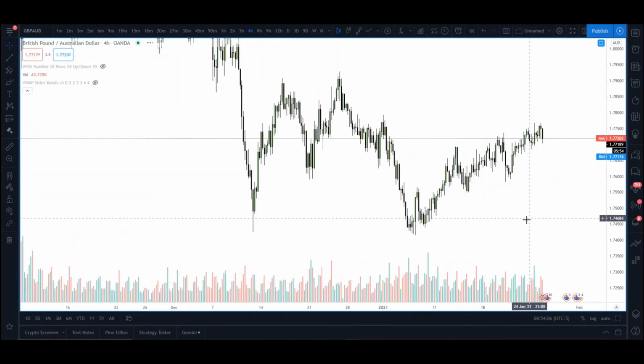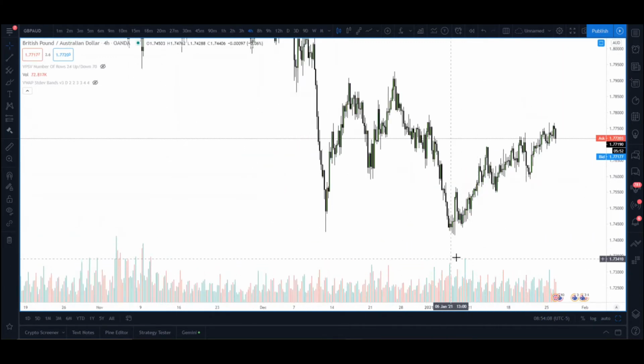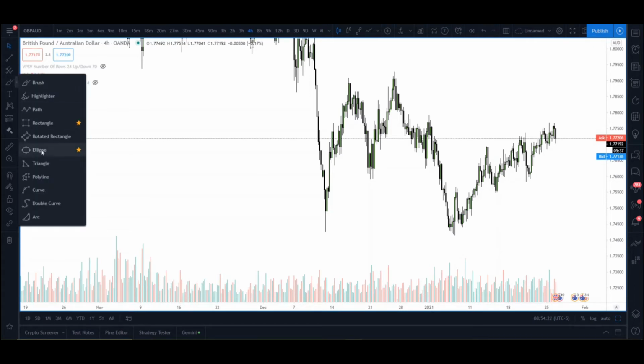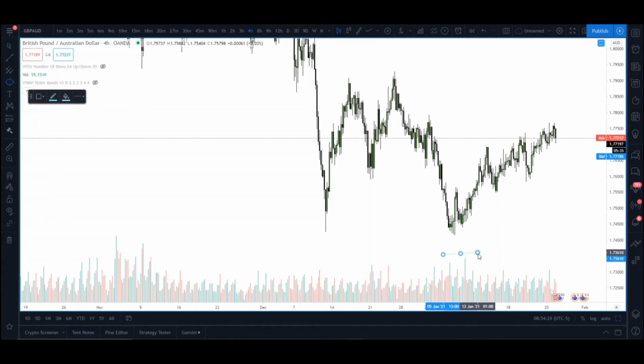I'm going to shrink the chart up, but you see how there's large amounts of volume in these particular areas, right? I got my arrow so you can see there's a large amount of volume in this particular area. I'm trying to highlight this for y'all. Boom, you see that?